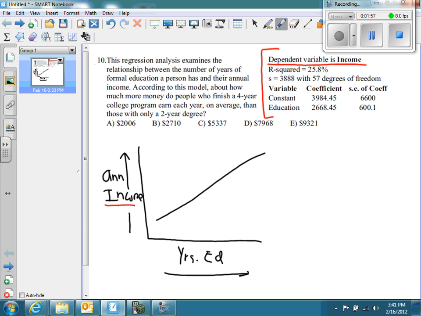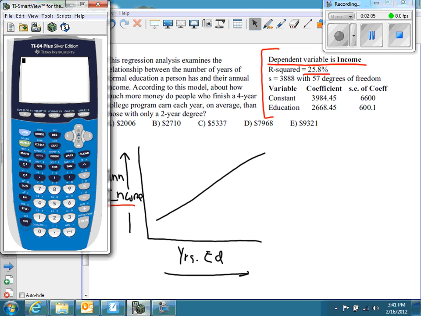They're also telling me that my r squared is 25.8%. That gives me a little bit more information. If my r squared is 25.8%, I want to figure out my r.